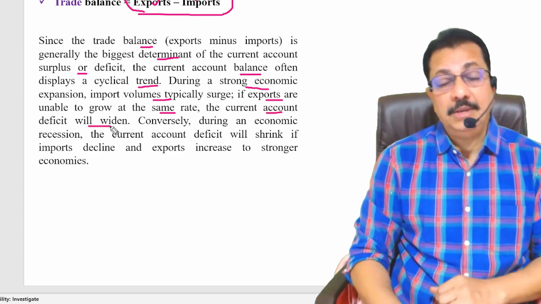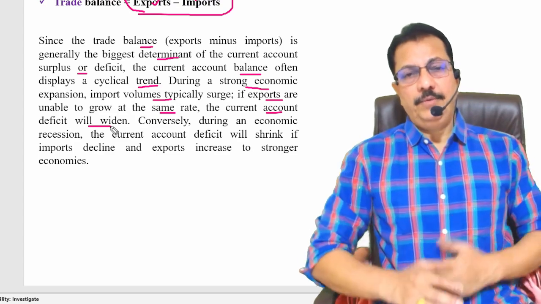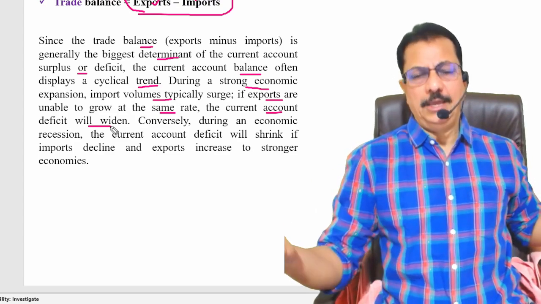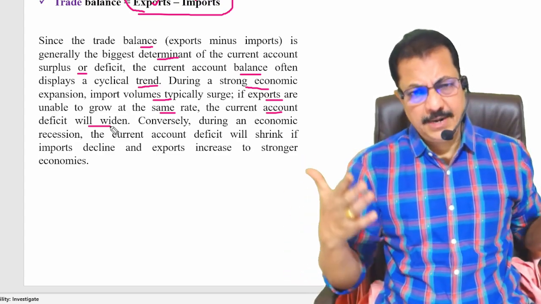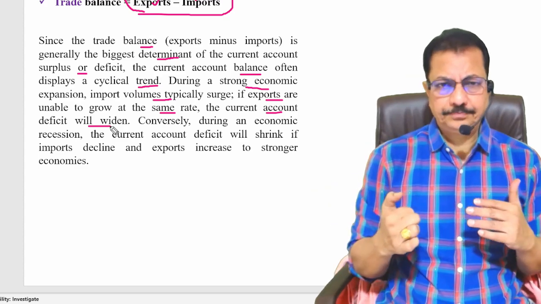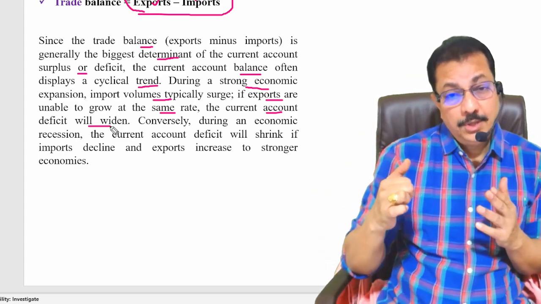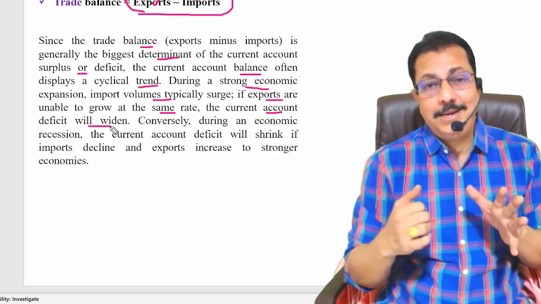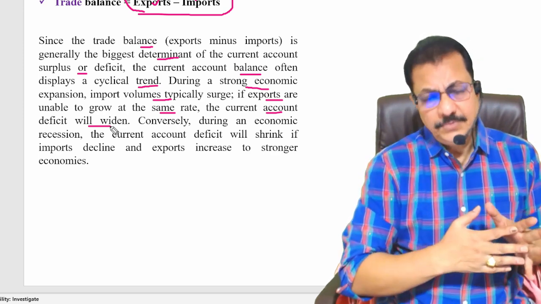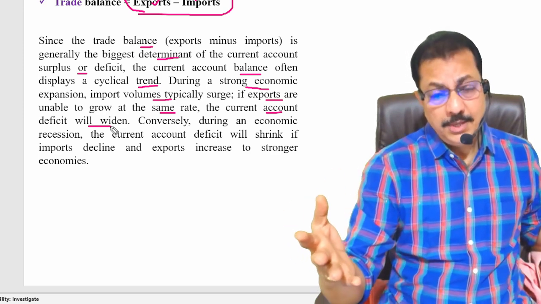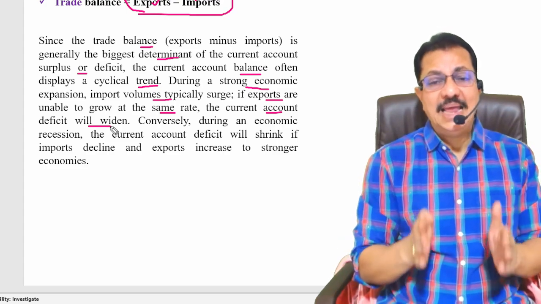Very important one. So when we are planning for the expansion of the economy, definitely that will lead to more imports, right? But when we concentrate only on more imports, and we don't concentrate on increasing the volume of our exports, that will create imbalance.